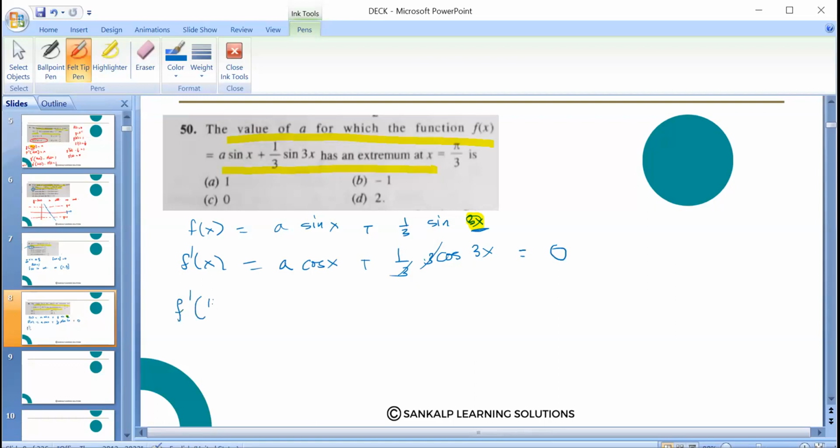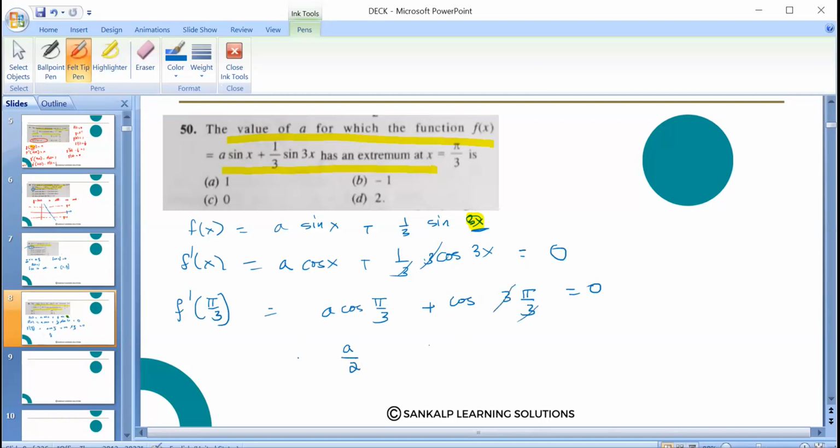Now putting x as pi by 3, we have a cos pi by 3 plus cos 3 pi by 3 equal to 0. Cos pi by 3 is 1 by 2.